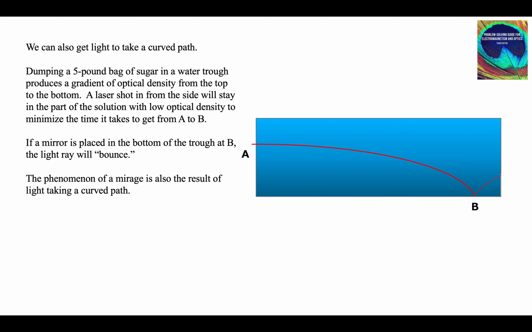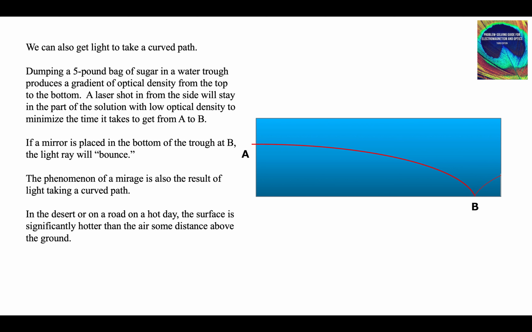A mirage is also the result of light taking a curved path. In a desert or a road on a hot day, the surface of that road or the sand is significantly hotter, which makes the air hotter. Right next to the ground, the air is very hot, which means it has lower density.